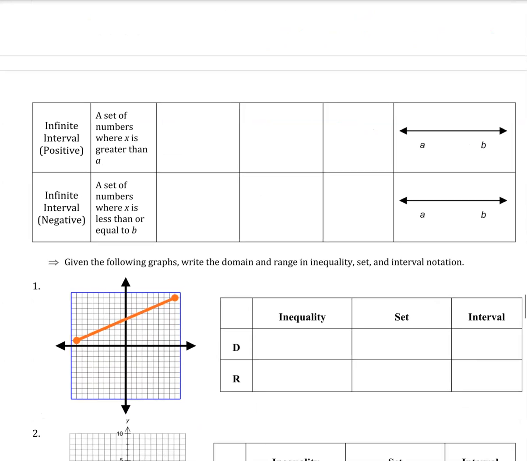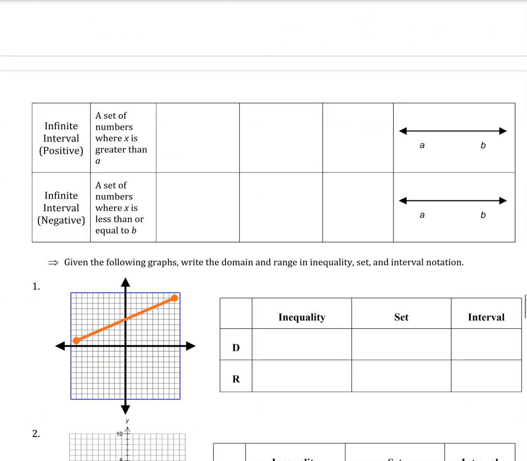All right. Now on the next two, we're talking about an infinite interval. So let's just look at what the words say. The words say the set of numbers where x is greater than a. On this one, it actually might be smart to start with the inequality part right here. Okay, so x is greater than a, right?